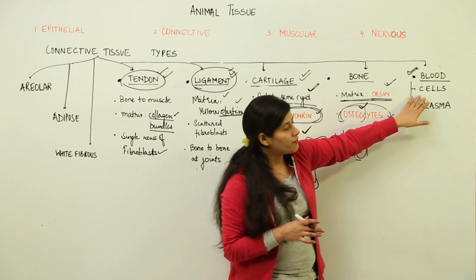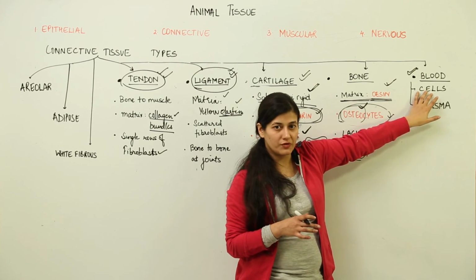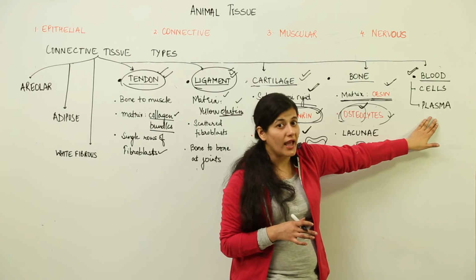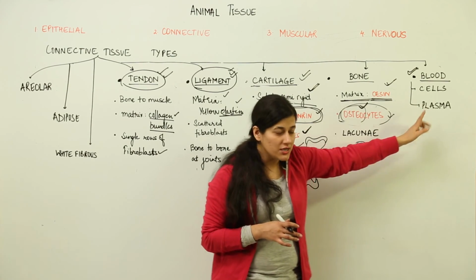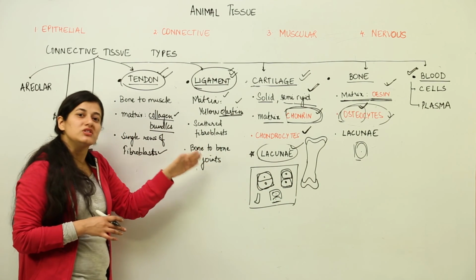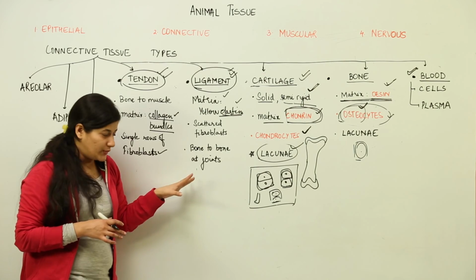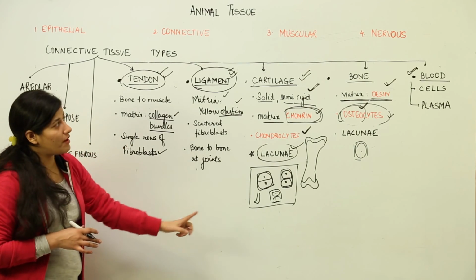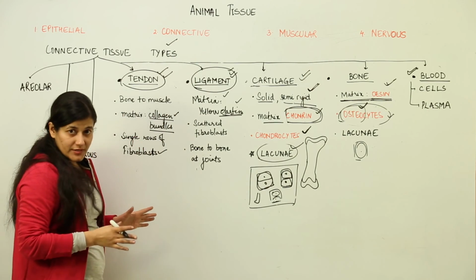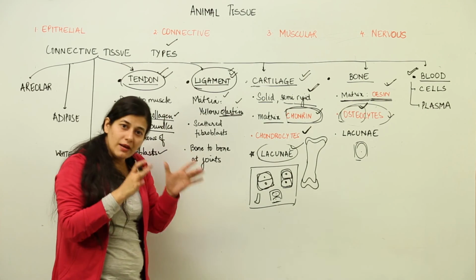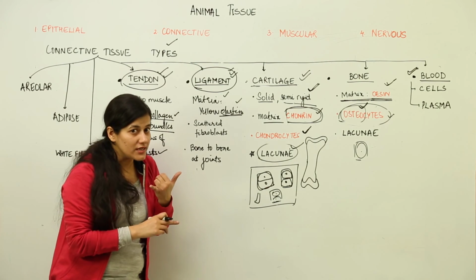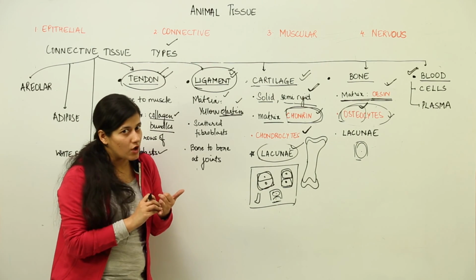The cellular components of the blood have specific functions to perform, and the plasma happens to be the ground substance which is fluid and rich in many proteins, just like all other connective tissues which had a ground substance rich in proteins as well. So what you need to remember in the entire connective tissue is that there are 8 types. Those 8 types have a basic structure, that is, they are going to have a ground substance and cellular components.